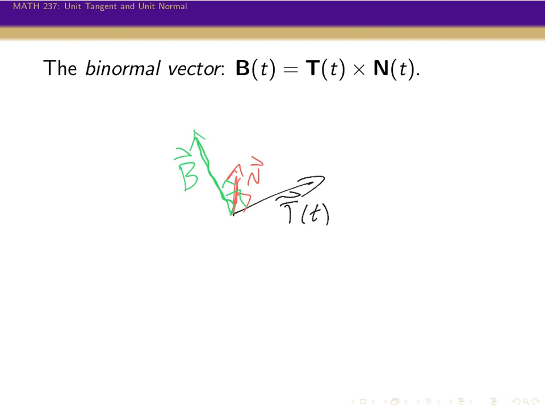And so what the binormal vector gives us, along with T and N of t, and this is important sometimes in physics and mechanics, is what's sometimes called the TNB framework, or TNB frame. And this is a coordinate system.